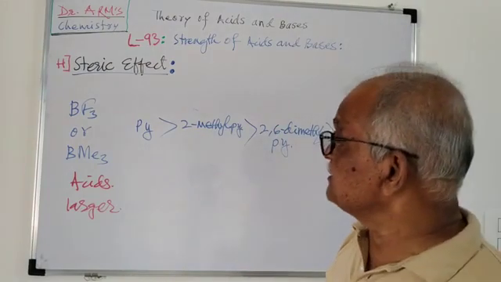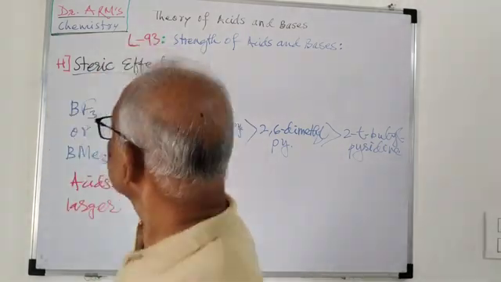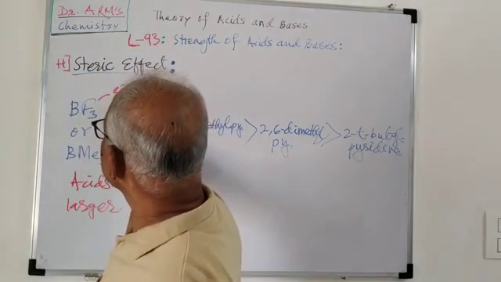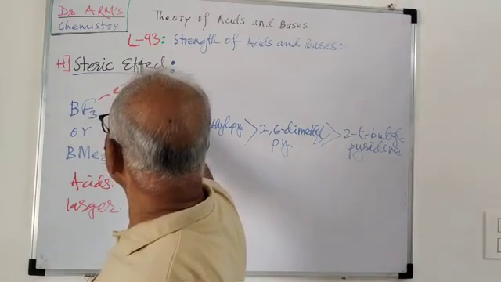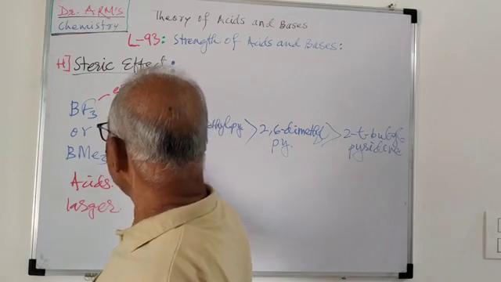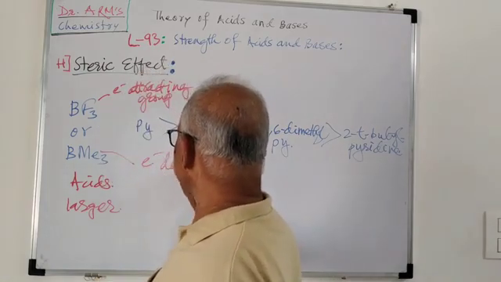Here we find that fluorine is an electron attracting group, whereas this methyl group is electron donating.